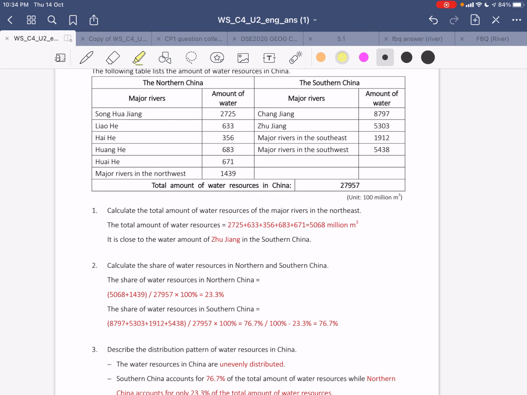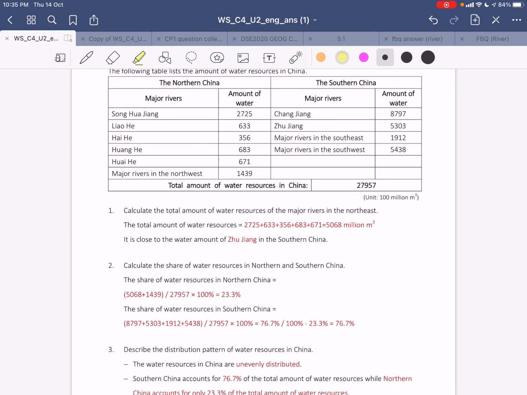Here I'm just going to take a very quick glance, because you don't really need to remember all the amounts of water. Instead, just have a brief understanding of the rivers in northern China or southern China.